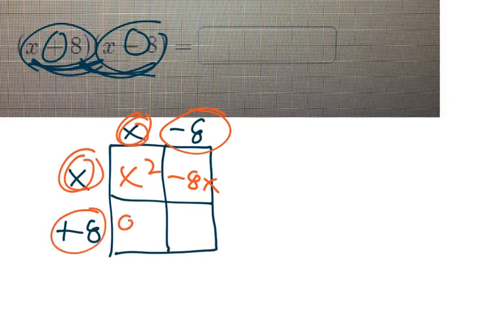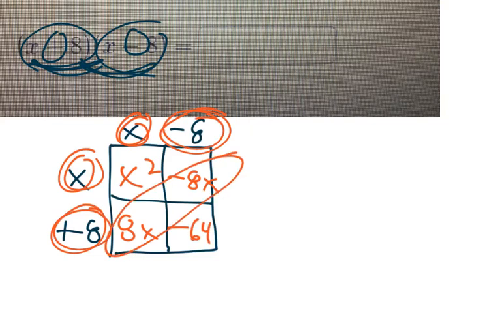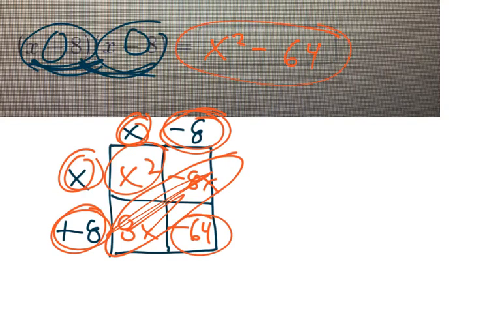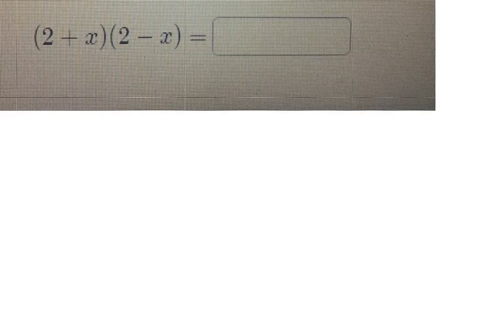X times 8 is 8x. And minus 8 times 8 is minus 64. Watch your signs. Notice how the 8x's cancel each other out. One was positive, one was negative, right? So you're only going to have that left over. X squared minus 64. That's what you're going to type in there. Difference of two squares.